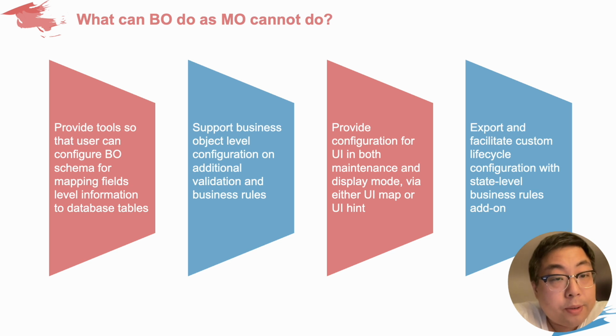And also, it provides configuration for the UI. So there are two ways of configuring the UI in the framework. One, you can use UI map. I think that is a very common one since a few years ago. UI map gives you a lot of flexibility.